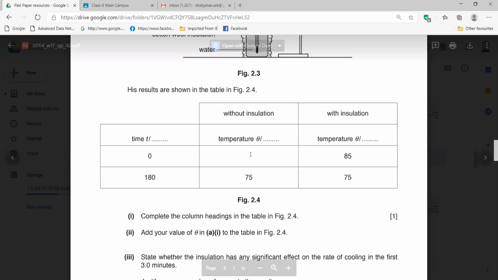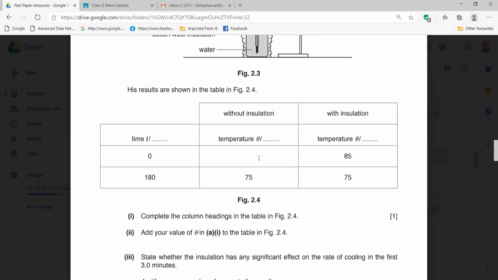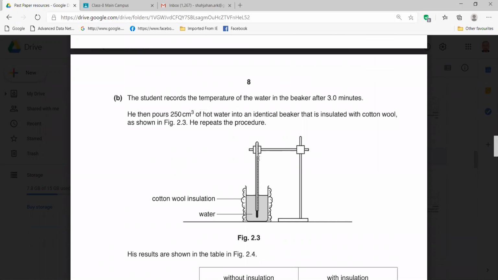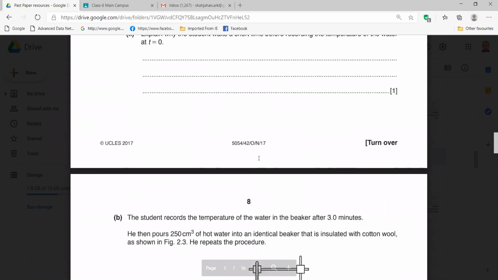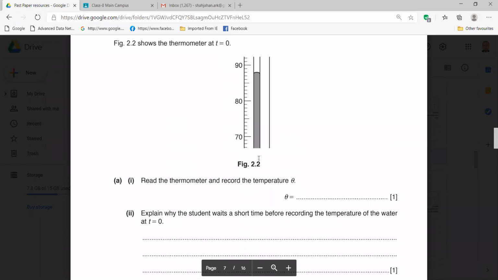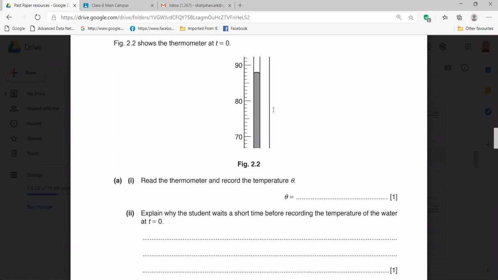So without insulation, what was the reading for time 0? Sir, 88. Without insulation, 88 degrees Celsius.